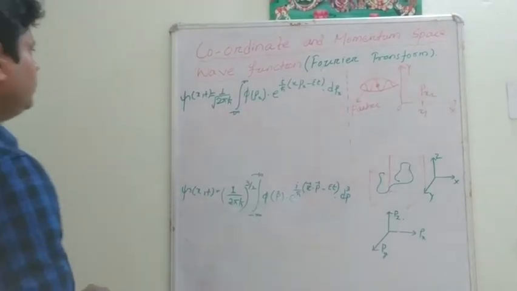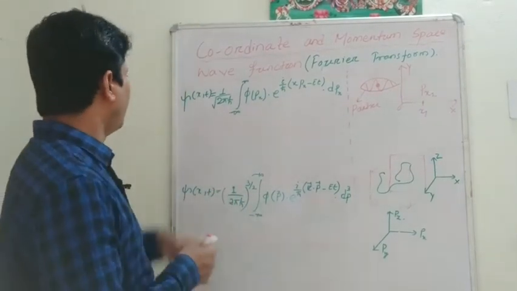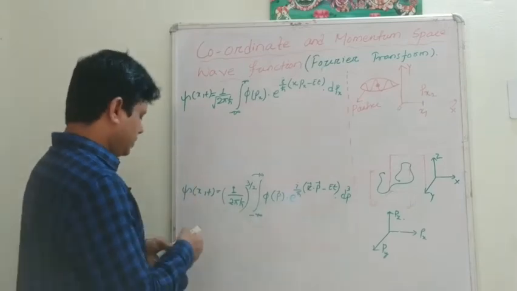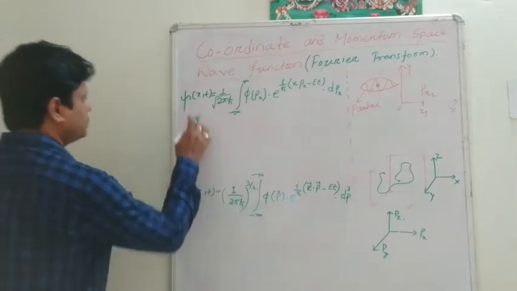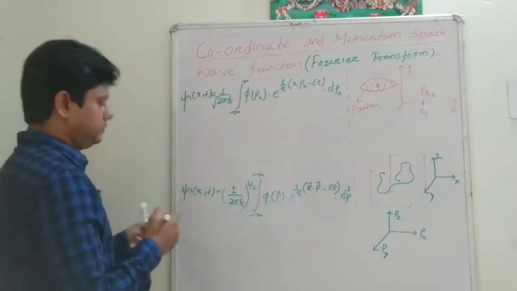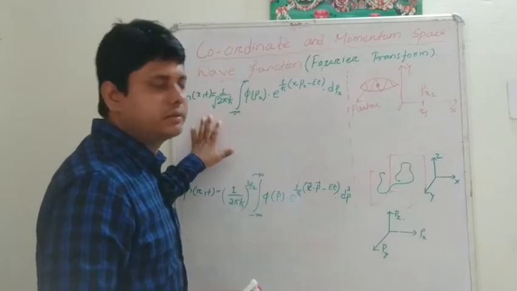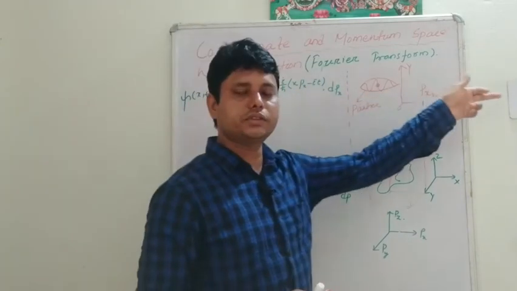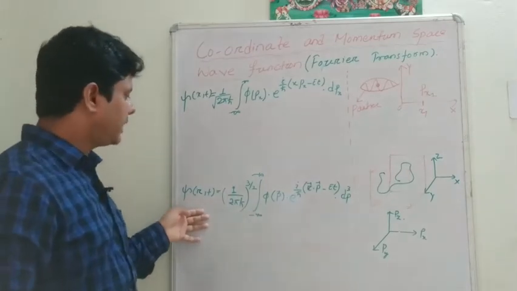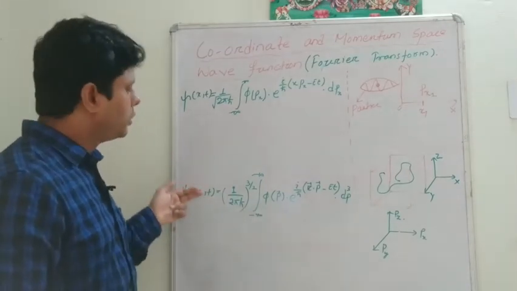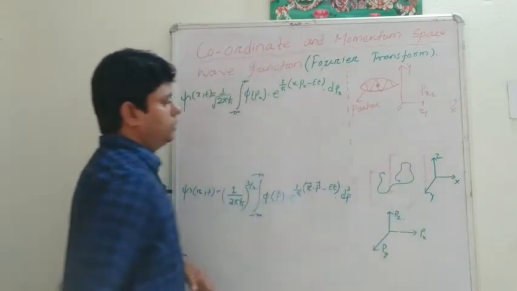If we apply the inverse Fourier transform on this and this, so this is nothing but our wave function of the particle in the coordinate space moving along the x-axis direction or 1D. This is the wave function of the particle in coordinate space moving along 3D like this. Okay.